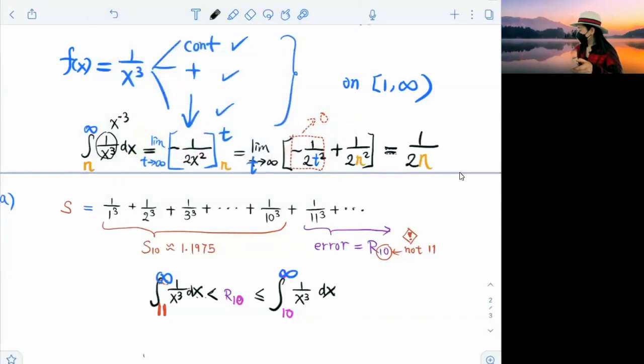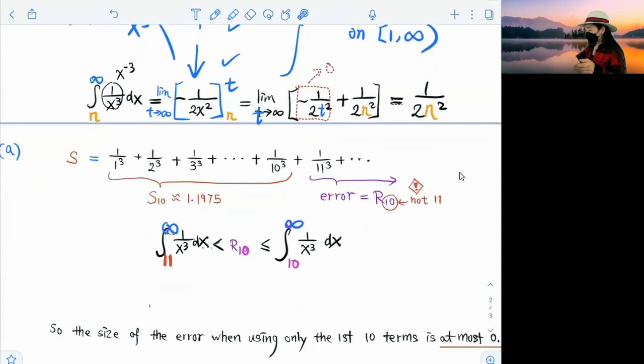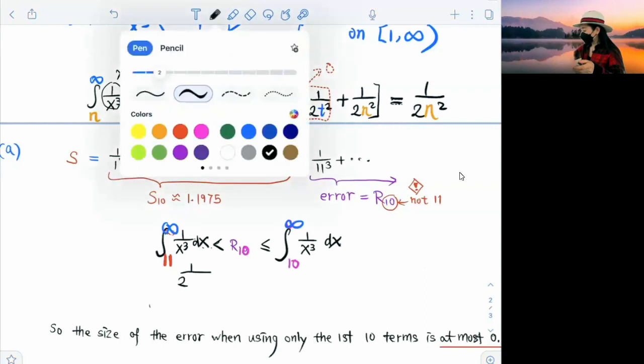Do you agree? Okay. So when the integral goes from n to infinity, it's 1 over 2n squared. Now we can put that in here. So this integral is equal to what? According to this, 1 over, yes, right, you got it. So it's going to be 1 over 2 times 11 squared.